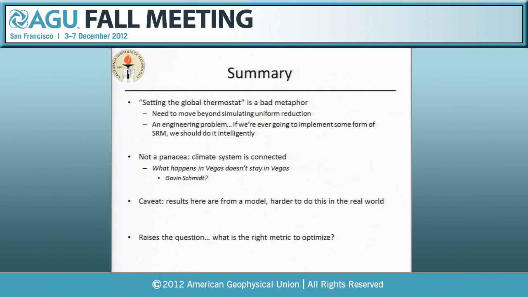So you could get something better by tailoring that distribution. And the second answer, I think, is if you really want to go down this avenue, the right answer might be to combine some degree of stratospheric aerosols with some degree of marine cloud brightening. And that gives you both your temporal and your spatial degrees of freedom to try to mix and match and sort of do as well as we can.